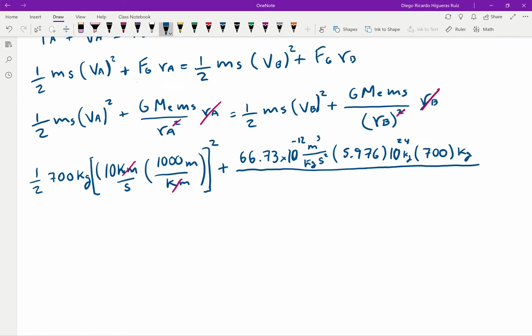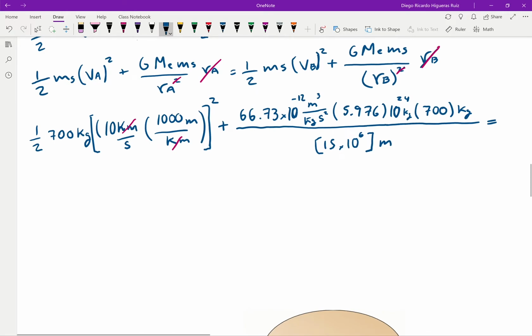And then we need to divide by RA, which is 15 times 10 to the 6th meters. So that's half of the equation.